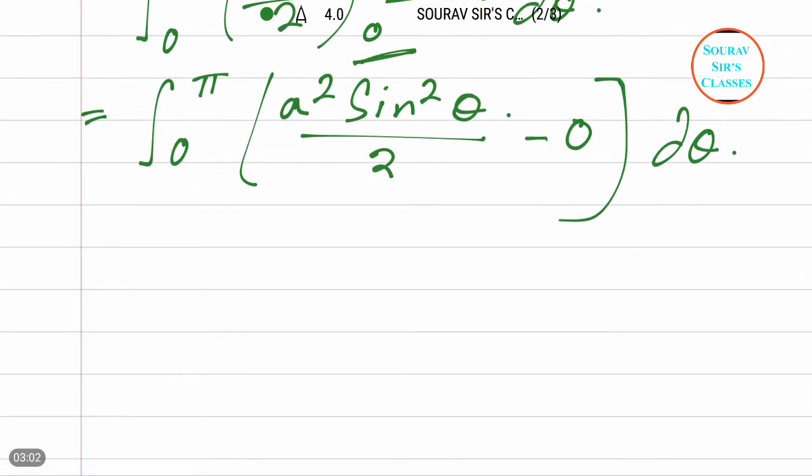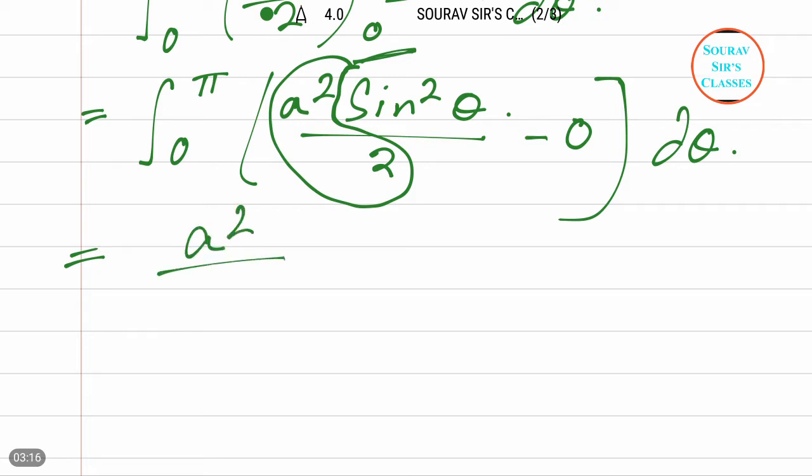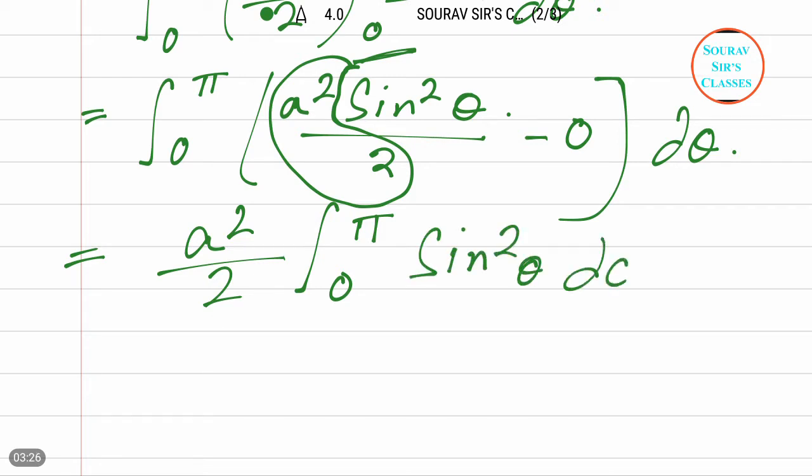Now as a square by 2 is constant, we can take it out and we can write it as a square by 2 integration 0 to pi sine square theta d theta.